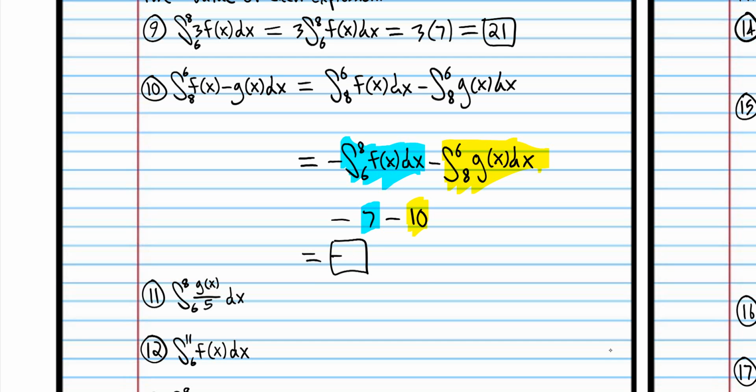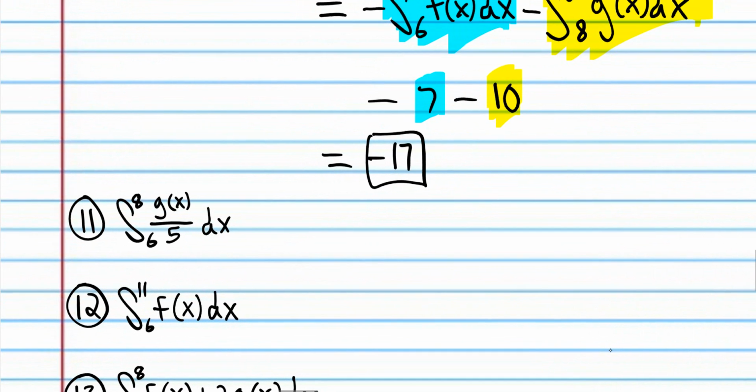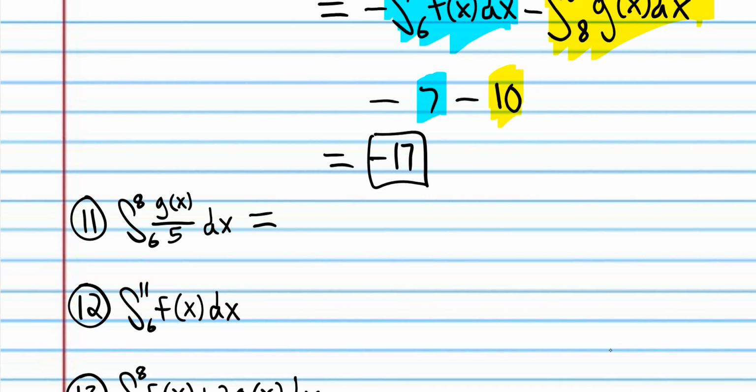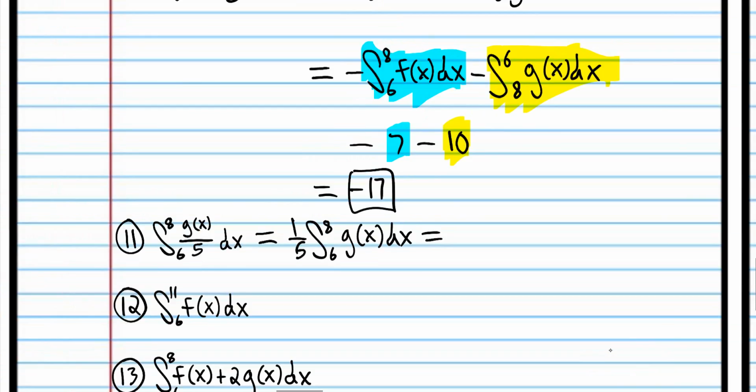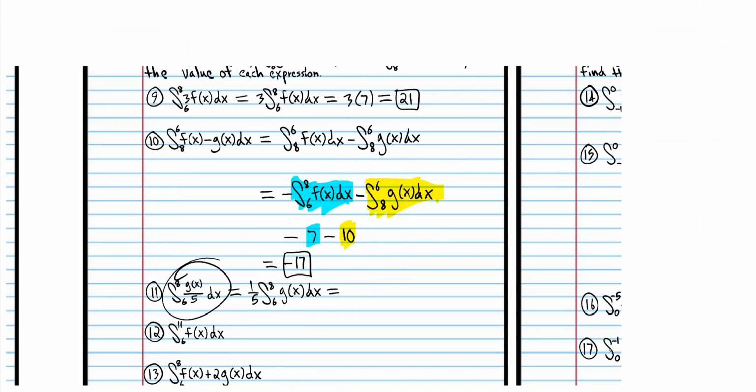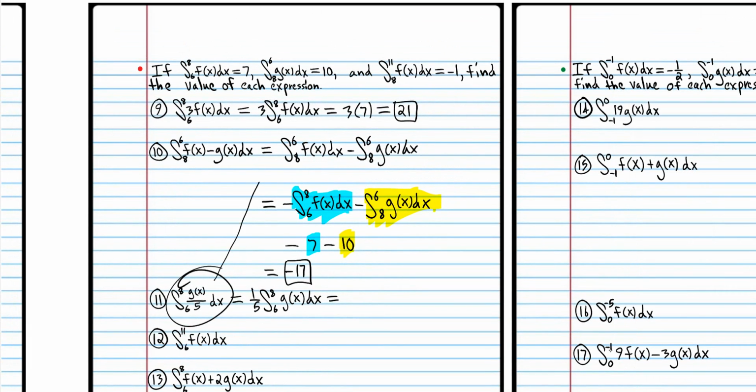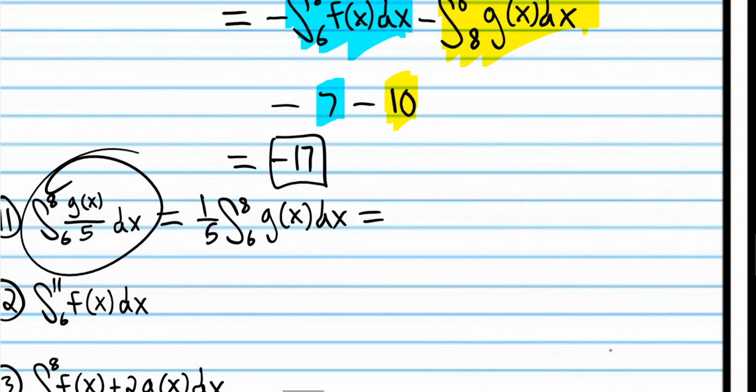So we're using these properties of definite integrals to find these values. So now we need to factor 1/5 out of the integral. And again, we didn't know the value of this integral, but we do know the value of the integral from 8 to 6 of g of x. But we don't want that. We want the integral from 6 to 8. So what do we do? Well, we just flip it around.